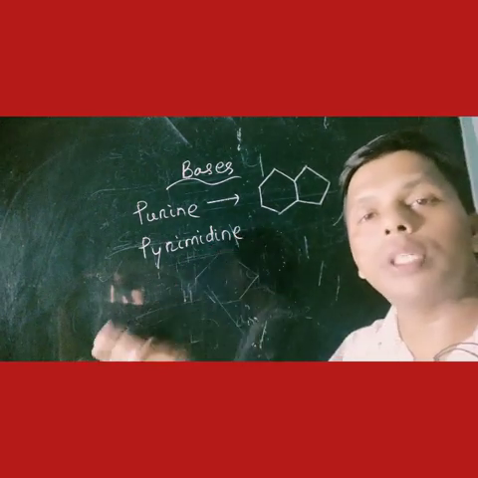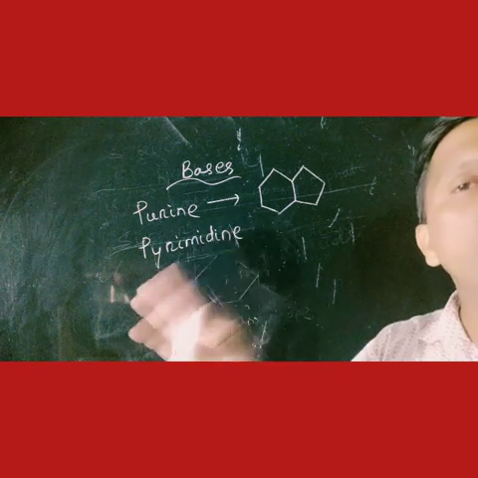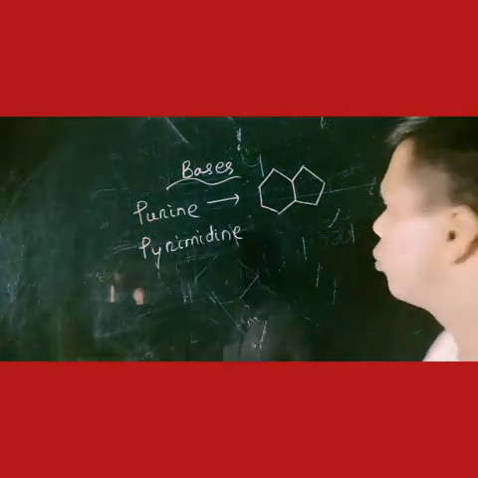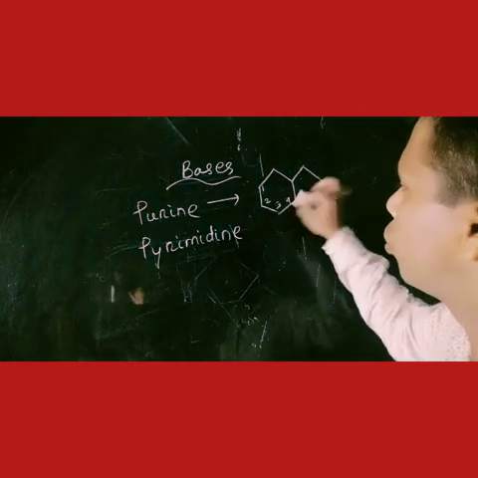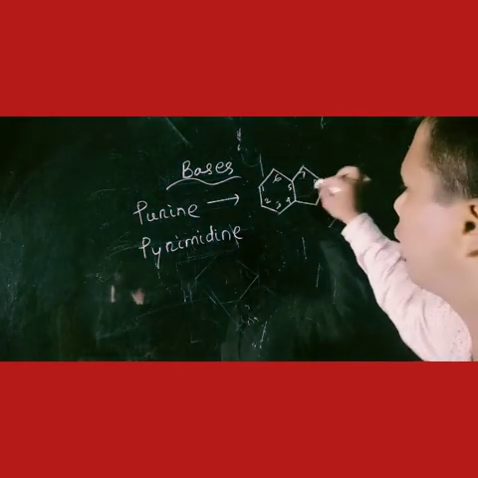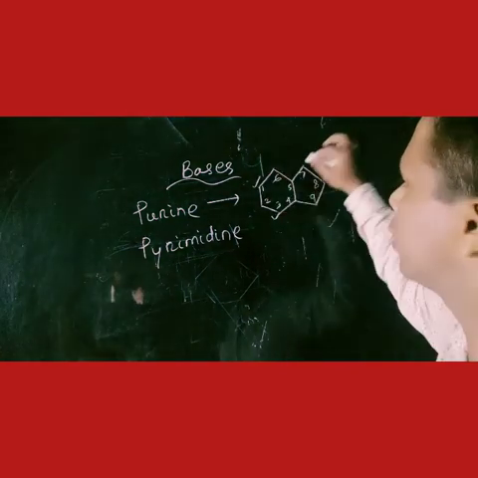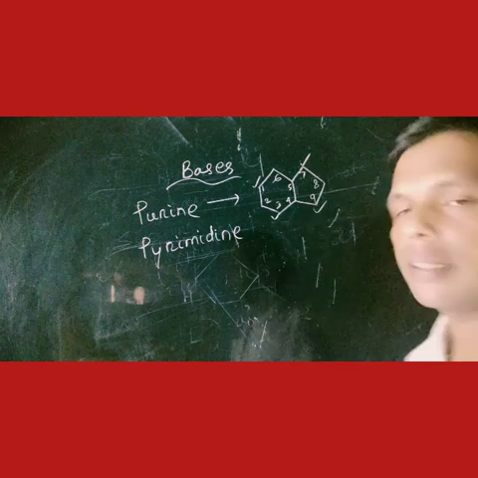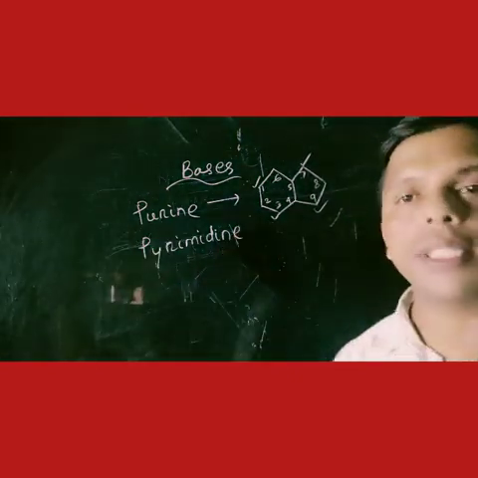Nitrogen is present at positions 1, 3, 7 and 9 in the purine bases.